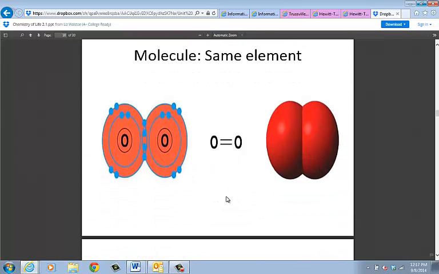All right, so now if we have a molecule with the same element, here's oxygen, it's O2, there's 2 atoms of oxygen, and so here's our first shell, it has 2, notice both of them have 2 in the first shell. The second shell is supposed to have 8. Well, oxygen's not going to have 8 in its outer shell, so it's going to bond.